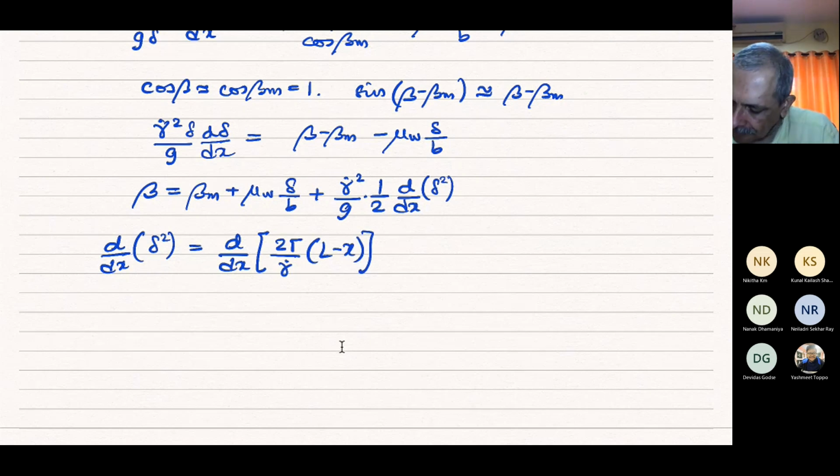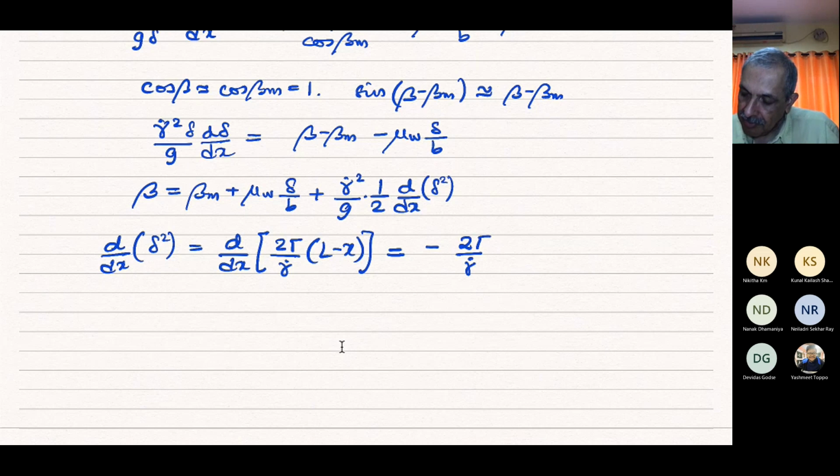Okay. So this simply becomes minus 2 gamma by gamma dot.